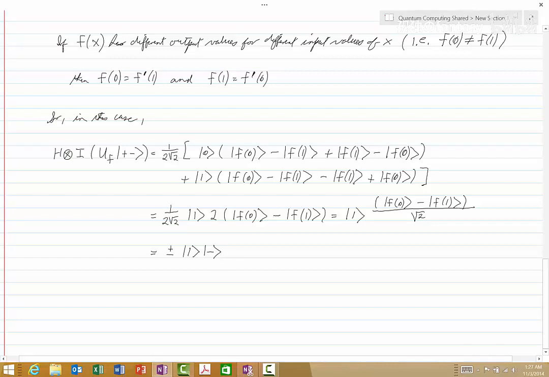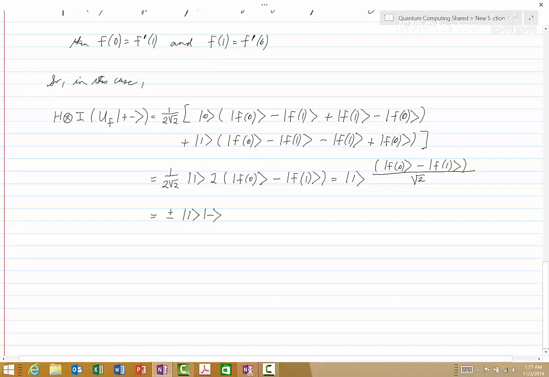So this is what we get in the case where f of 0 is not equal to f of 1. And now let's look at the other case.